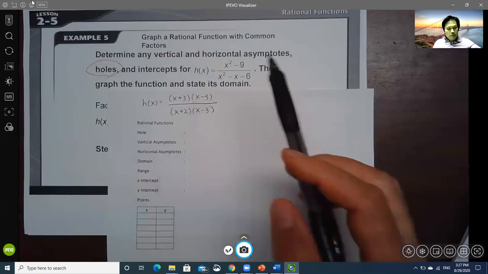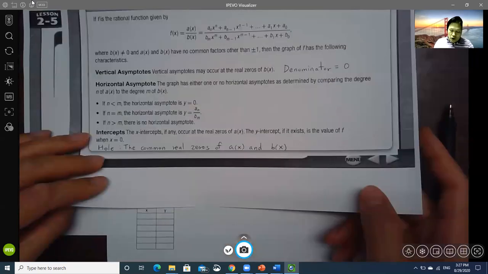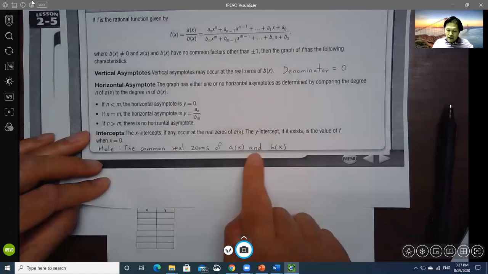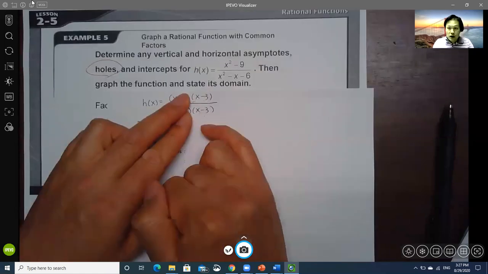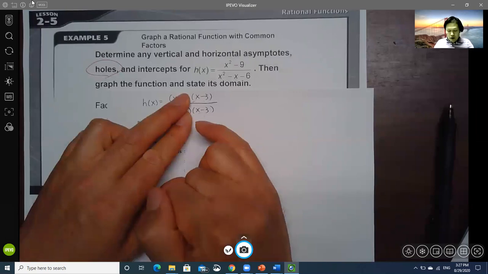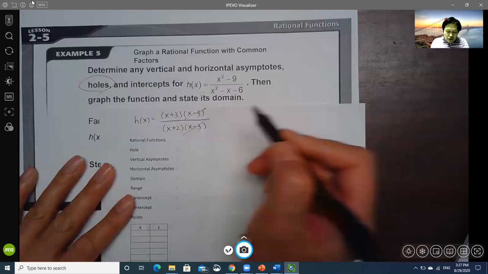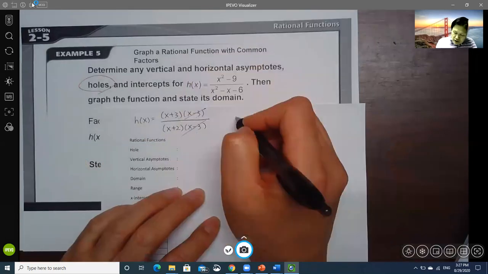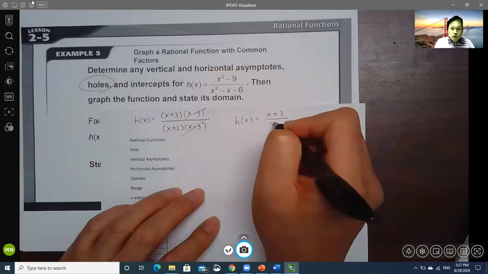If you look at my part 1 video, I said the hole is at the common real zeros of numerator and denominator. That's what I meant. We got a zero of 3 in both numerator and denominator. That's when you get to have a hole. So be careful. You get to cancel this. After you cancel, your h of x is updated to x plus 3 over x plus 2.